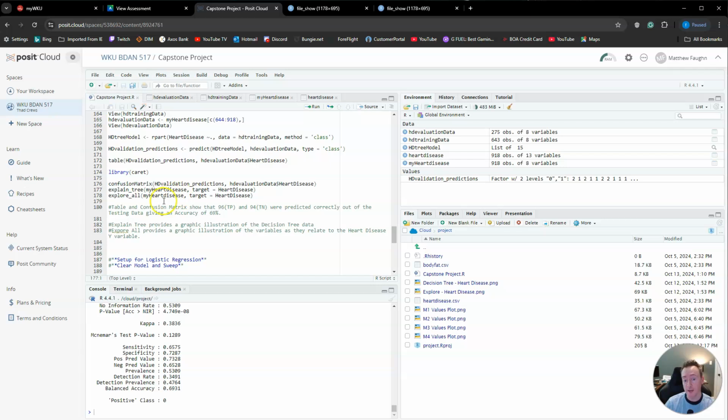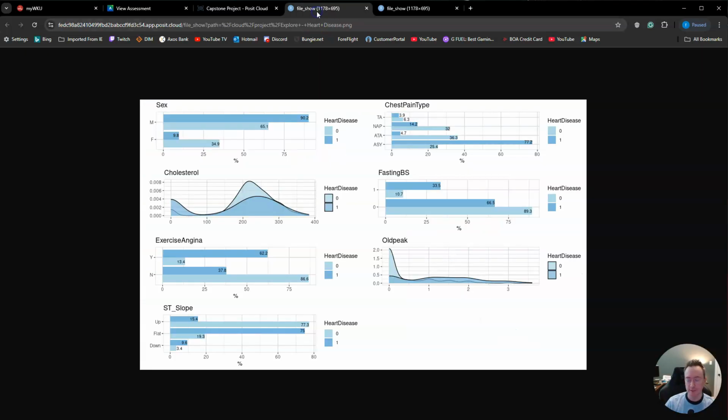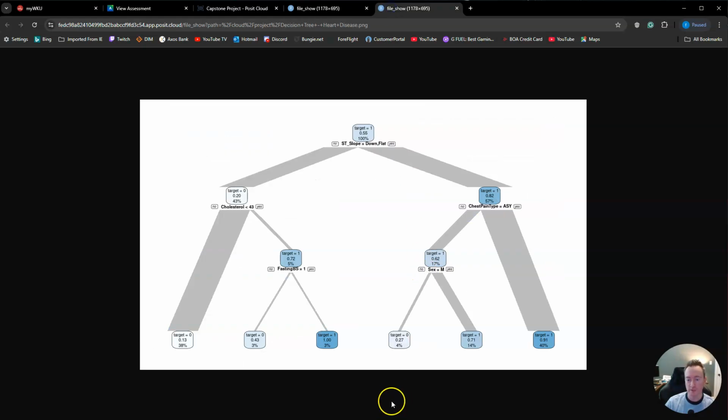I did also plot both of them to see these in a more illustrative manner. You can see how the decision tree plots those based on the heart disease data. And I did make that larger, so that way you can see. And did save these to R, making it a lot easier to digest when we're looking at these visually.